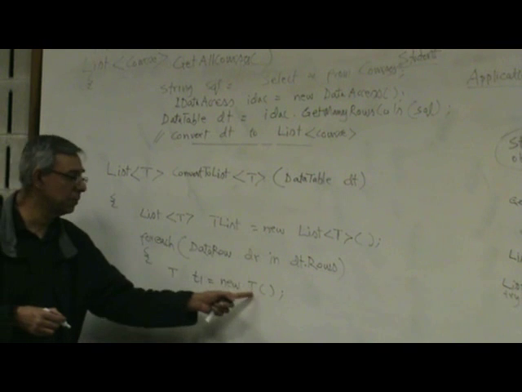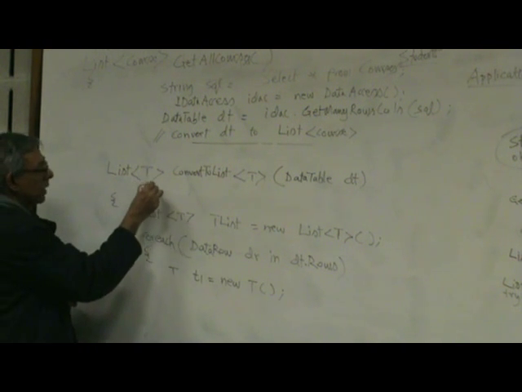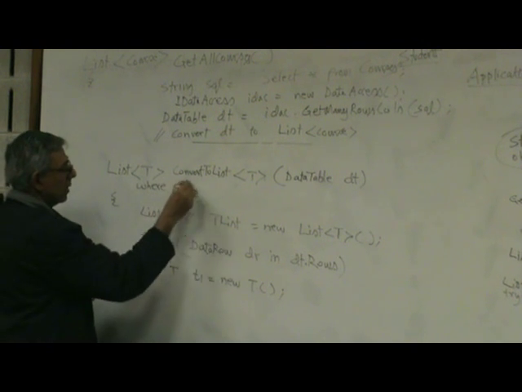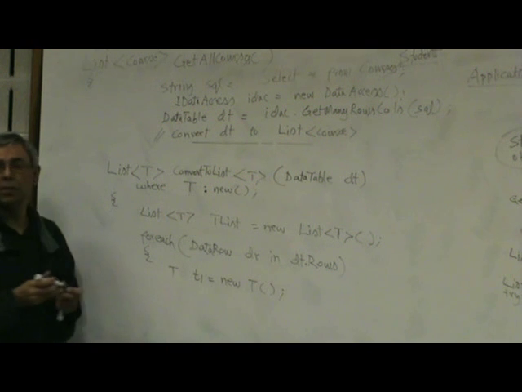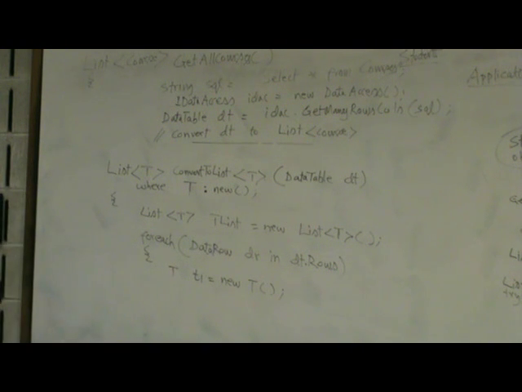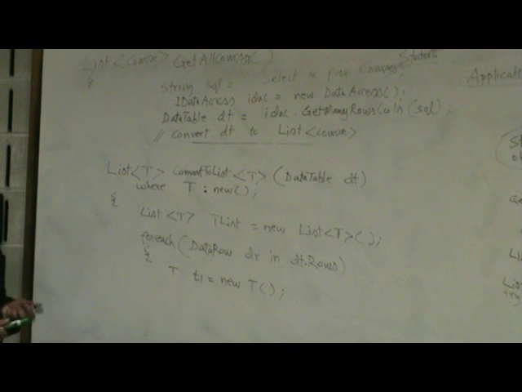There's no such thing as new int, right? So we have to put a constraint where T gives us a constructor. So the T has to give us a constructor, effectively meaning T has to be a class, correct? Okay, so we will do T1 equal to new T.